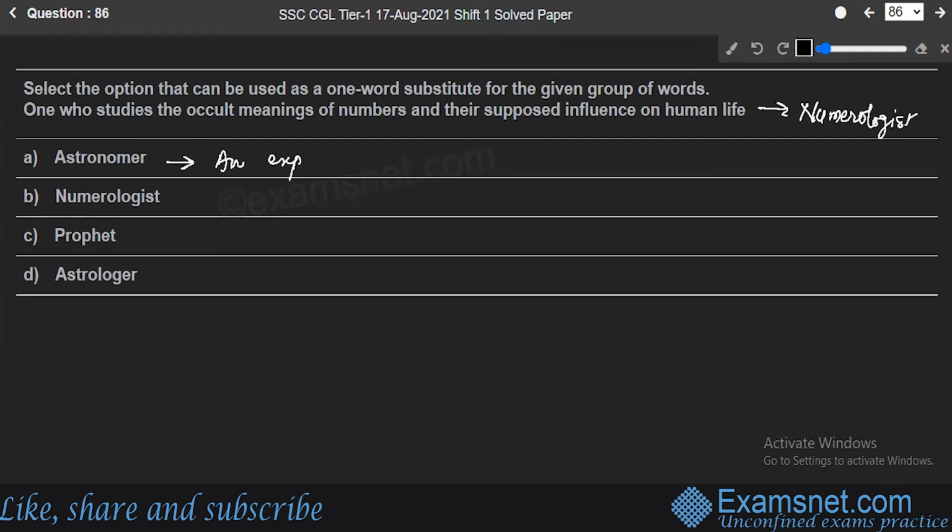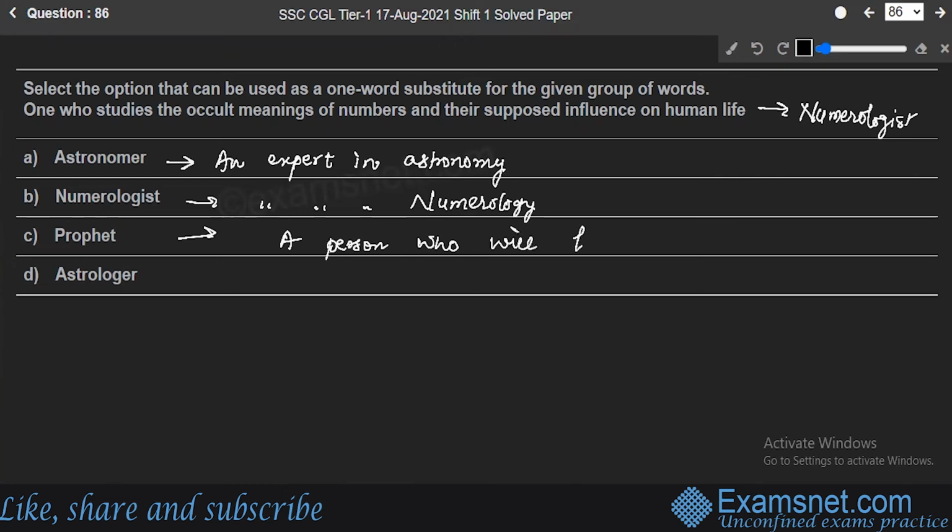Astronomer is an expert in astronomy. Numerologist, an expert in numerology, of course, that's a study of numbers. Prophet, a person who says what will happen in the future, right?